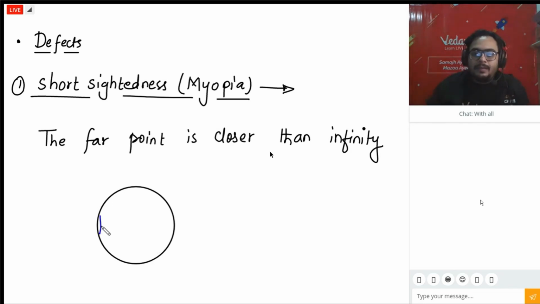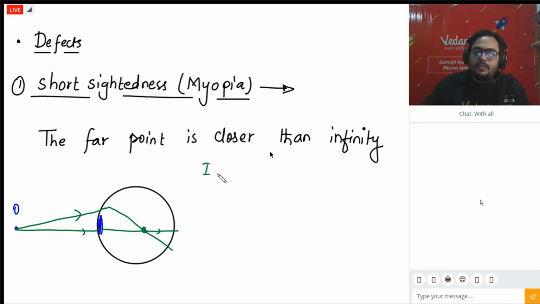Basically, if this is the eye and this is the object at some finite distance, when the light rays come and go through the vitreous humor, finally the ray forms an image in front of my retina.